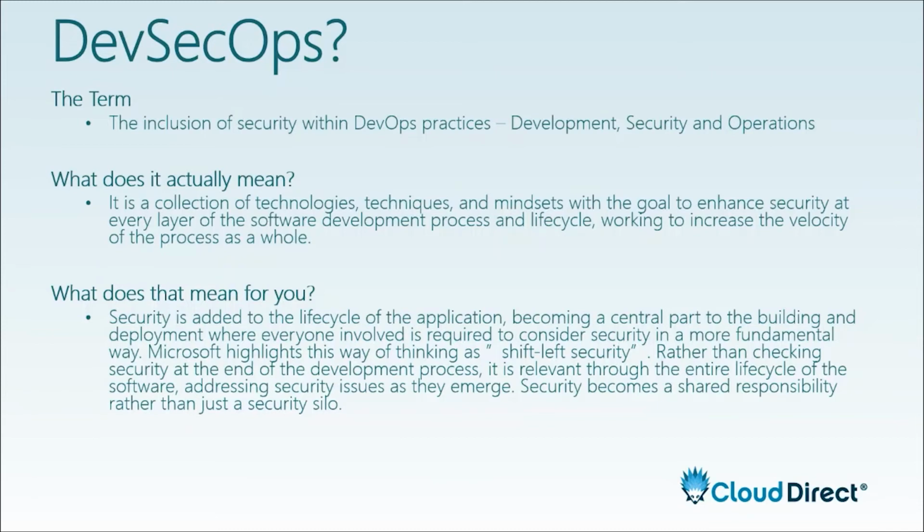It's no longer just a case of developers develop something and then it goes to a security team at the end and they test it, pen test and whatever else. It gets chucked over the fence into operations, and then security is not thought about again for another year or until another code release or anything like that. So it's around baking in that security across the whole life cycle of your software and making it everybody's responsibility.